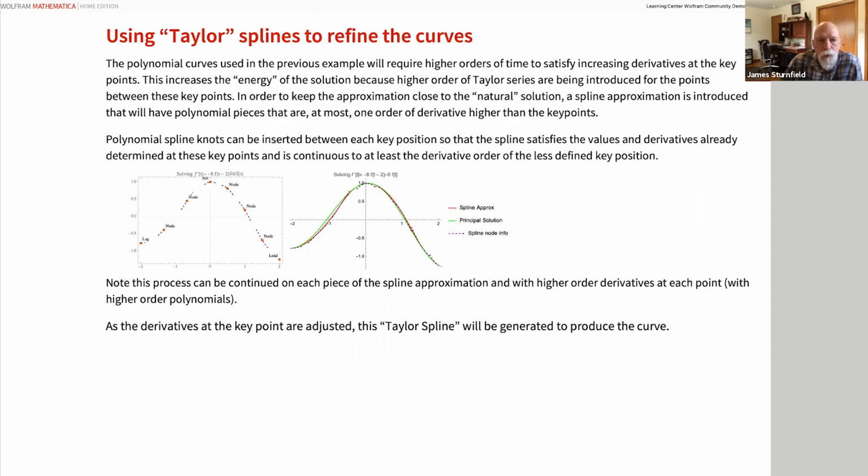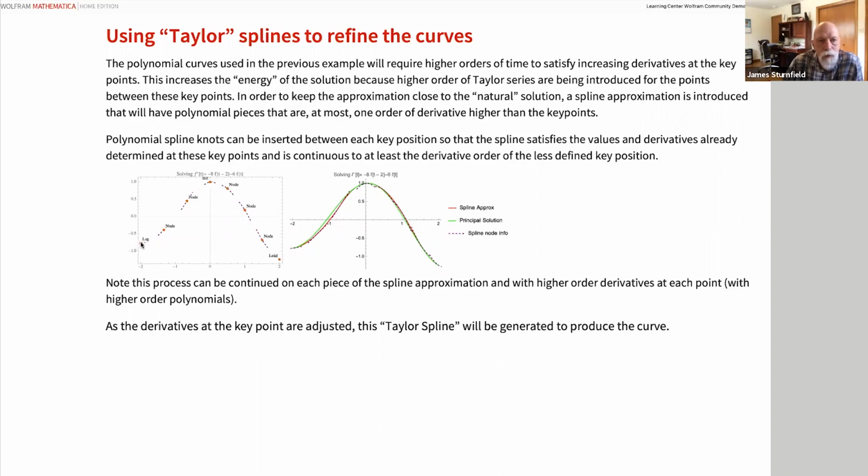To then further refine this, we introduce this concept of Taylor splines. And the idea is we have some sort of Taylor series at the lag point. From the DDE, we actually get a series at the initial point that's one higher derivative than the lag, and similarly two higher derivatives when we get to the lead.